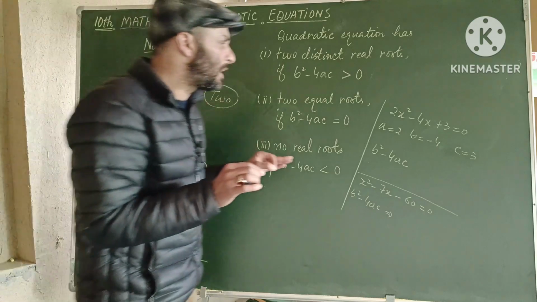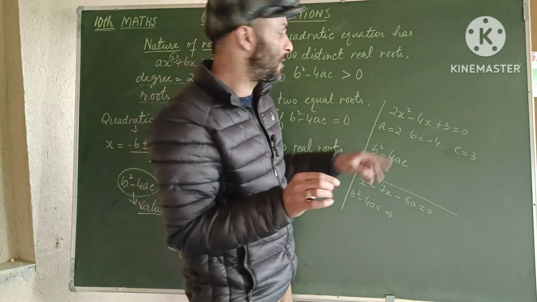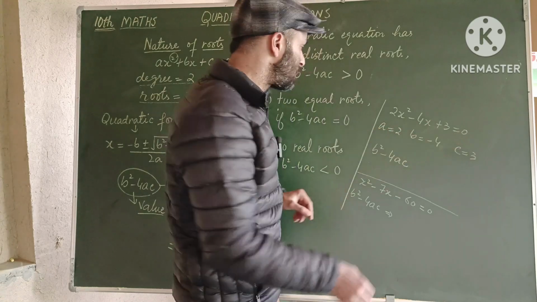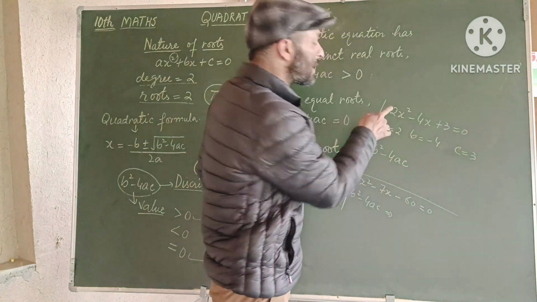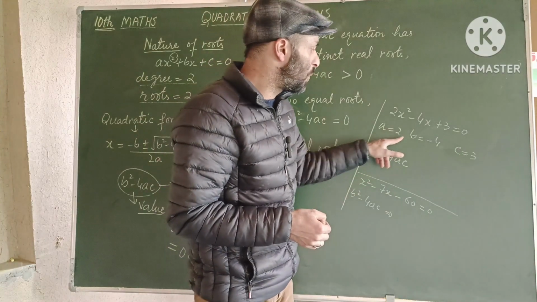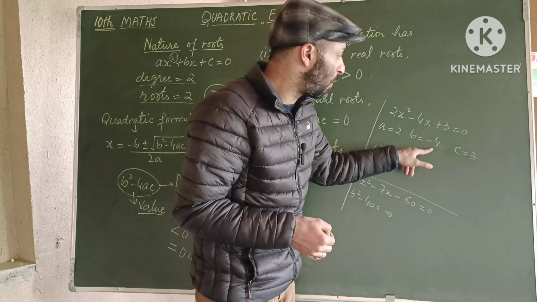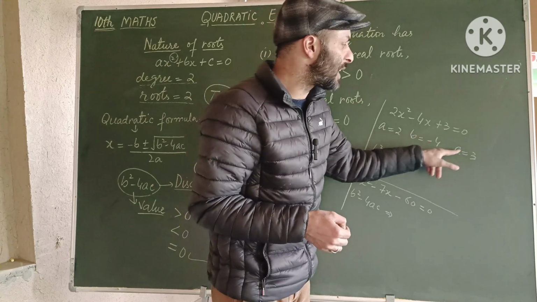Let us take an example: the quadratic equation 2x square minus 4x plus 3 is equal to 0. Here a is 2, b is minus 4, and c is 3.